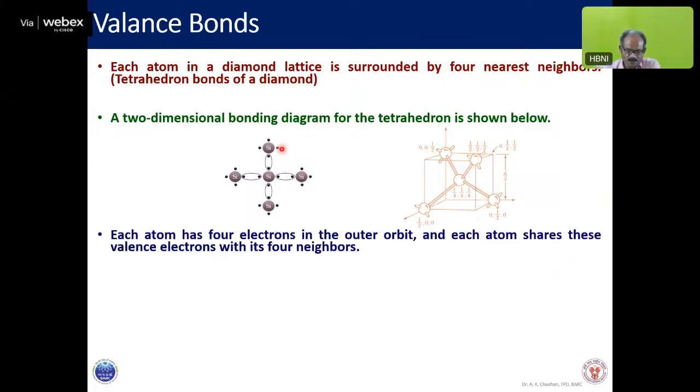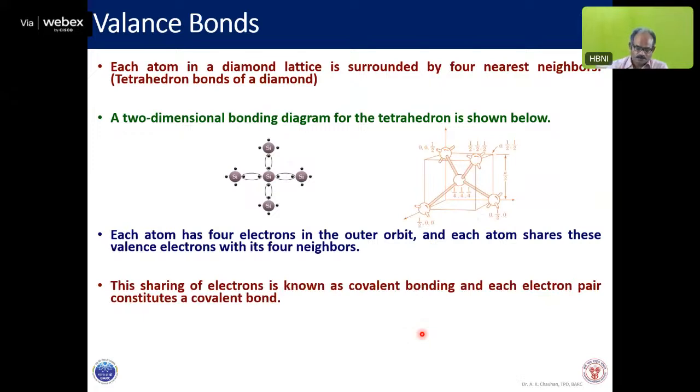So if we see in 2 dimensions, I have a silicon, and the electrons are shared here. Each atom has 4 electrons in the outer orbit, and each atom shares these valence electrons with its 4 neighbors. This sharing of electrons is known as covalent bonding, and each electron pair constitutes a covalent bond.